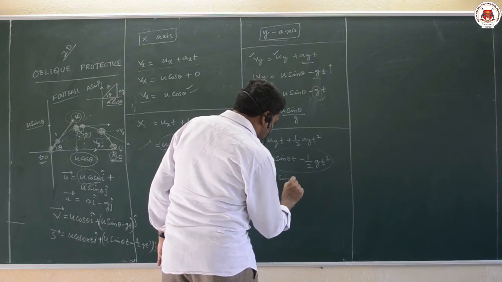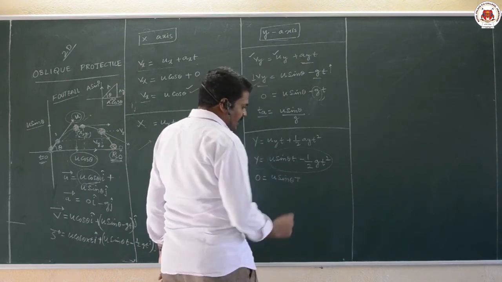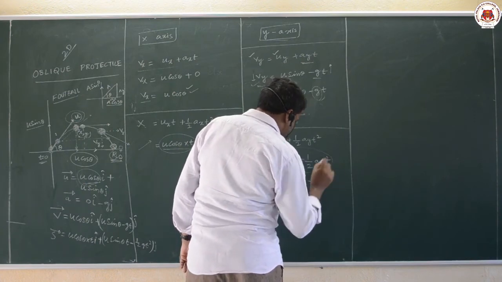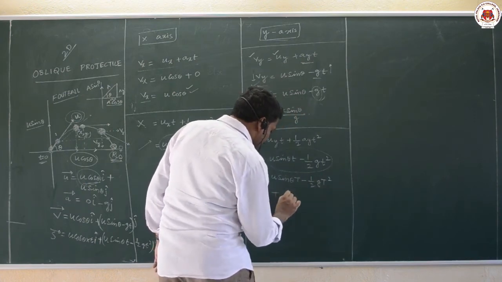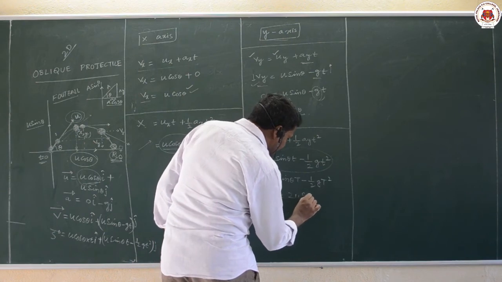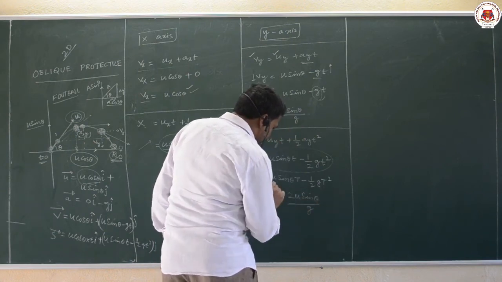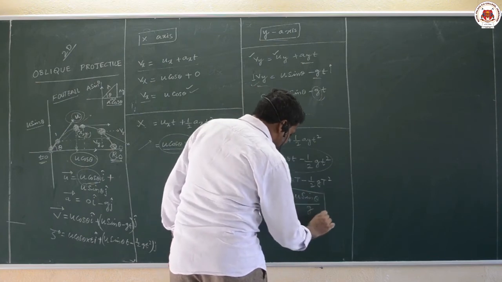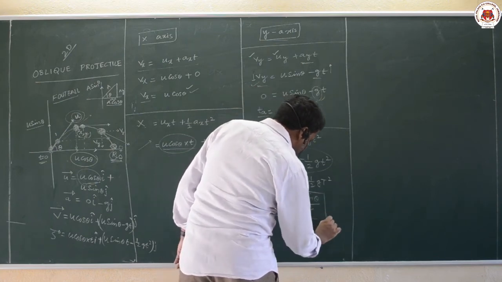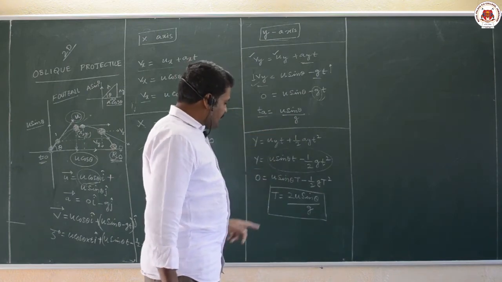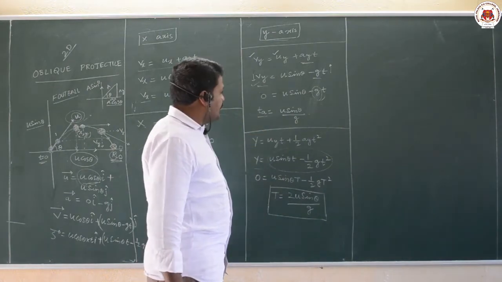The time taken is called the time of flight, and y is equal to u sin theta t minus half g t square. If you solve this, you will get T is equal to 2u sin theta by g. This is the formula of time of flight. Time of ascent is u sin theta by g, time of flight is 2u sin theta by g.